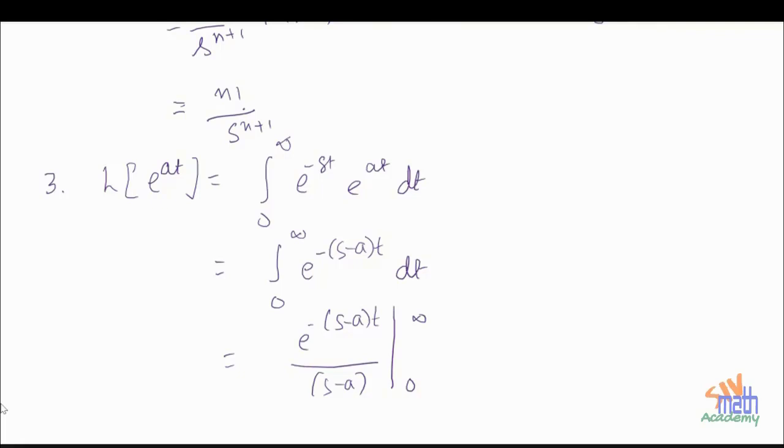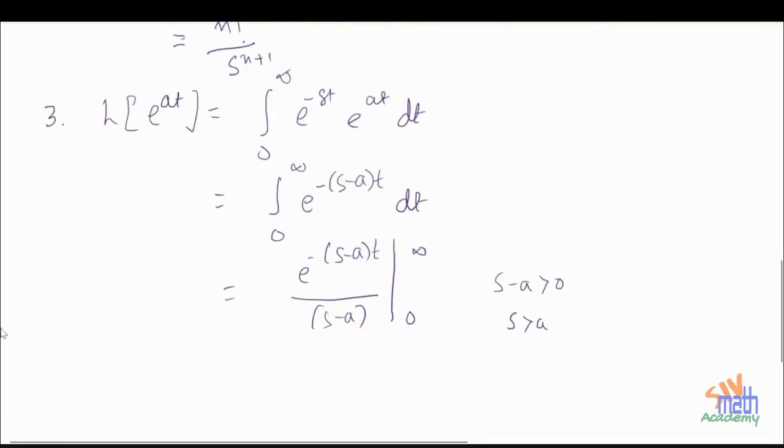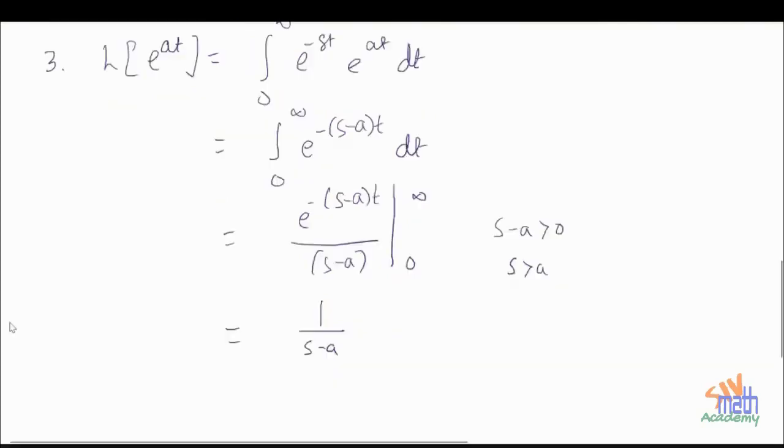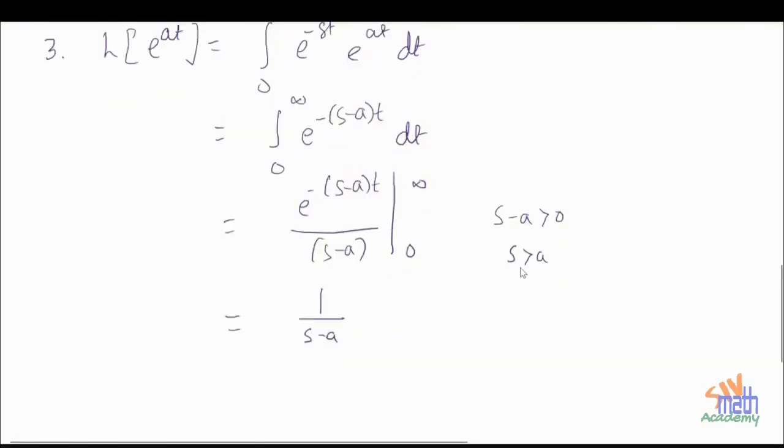So when you are providing infinity here, you should ensure that s minus a should be greater than 0, or s should be strictly greater than a. Then only you can apply the infinity. Thereby the first term will be 0. Second, at the lower limit, it will become 1 upon s minus a. Correct? So this is the expression for L of e power at.